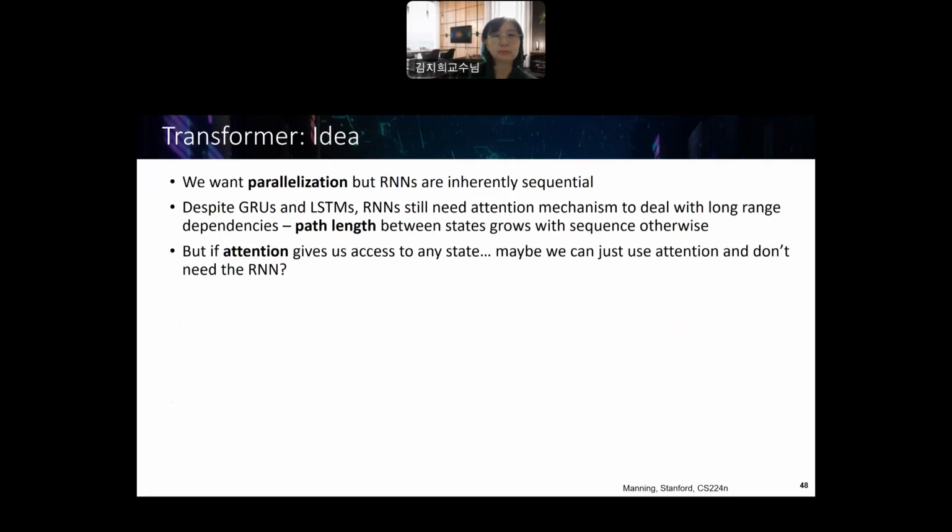And this attention mechanism was the motivation of the new architecture, the transformer. And this is pushing more about attention. Since we are still using RNN structure, it still has the sequential nature. Can we parallelize more? That's the question.